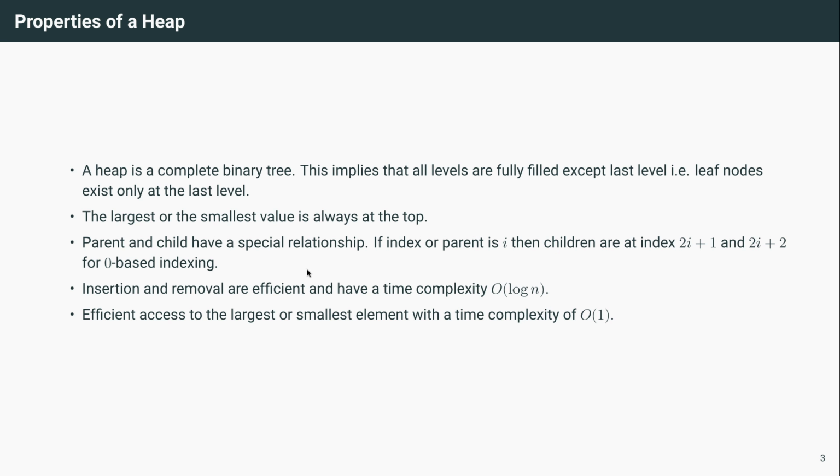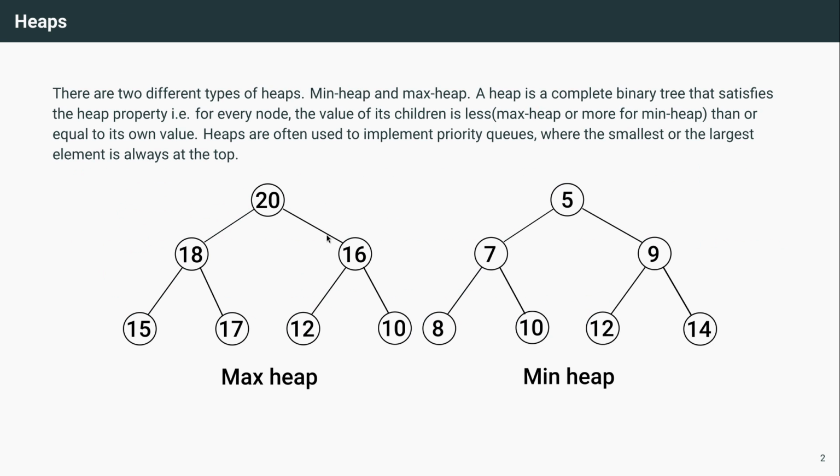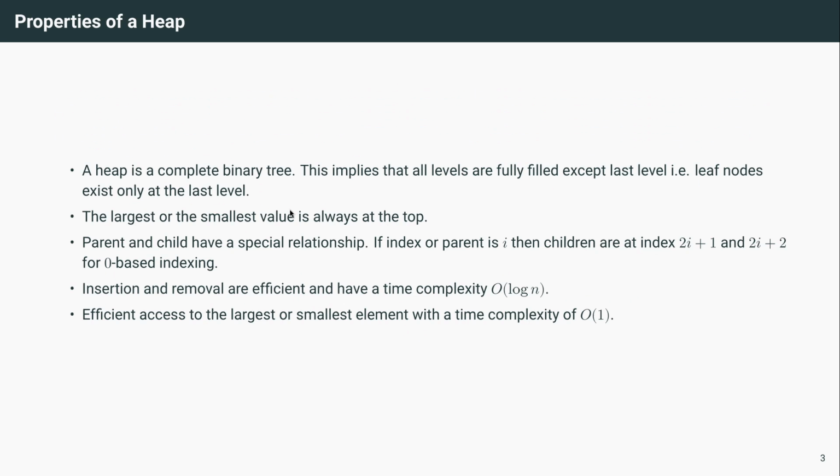Since the smallest or largest element is at the top, we can get it very quickly in constant time, and that is why heaps are good for implementing a priority queue. We don't care about traversing the entire heap. The only thing we care about is the root node. We normally do not perform traversal in a heap.